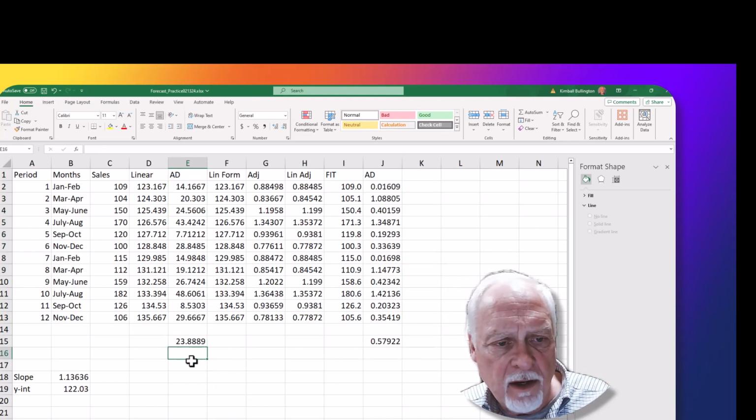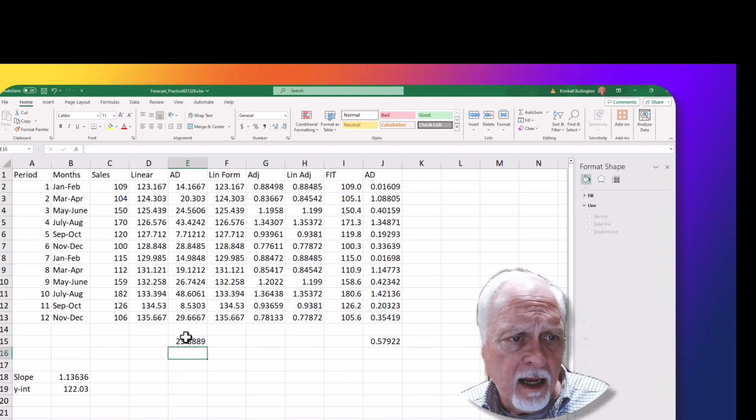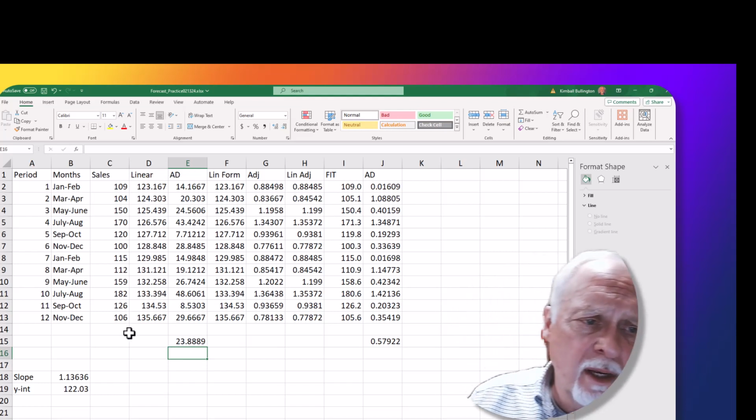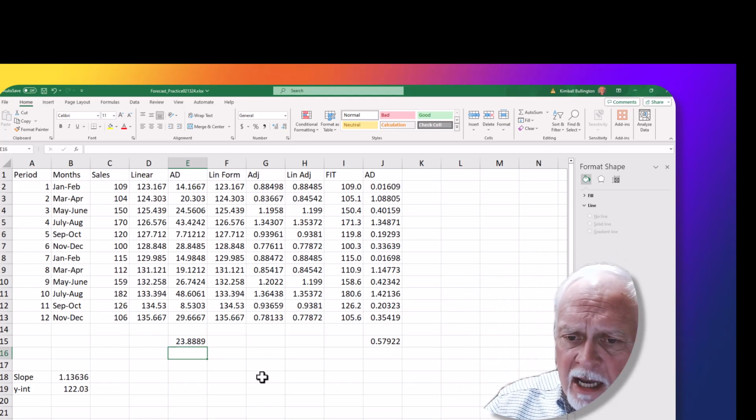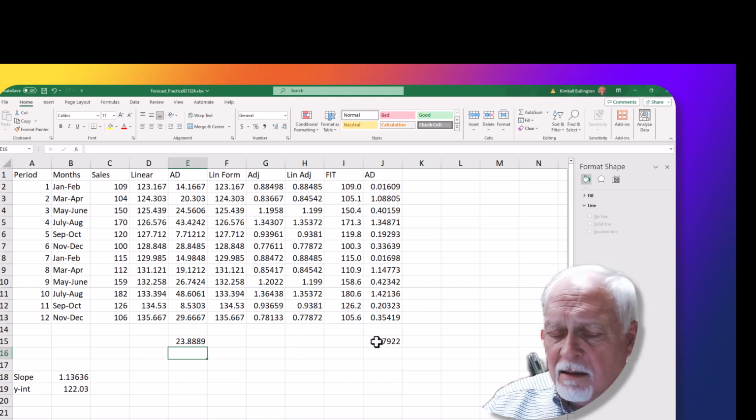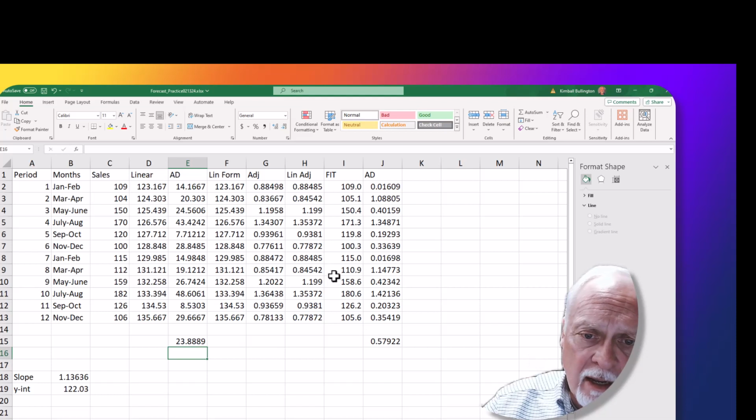And you see we've got 23.9 absolute deviation on a scale of 120-ish, 125, almost 130-ish. And then over here, my absolute deviation is 0.58 out of 130-ish. So clearly this seasonally adjusted linear trend is a much superior forecast. And we saw that when we saw the graph as well.